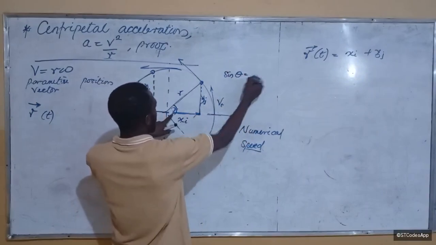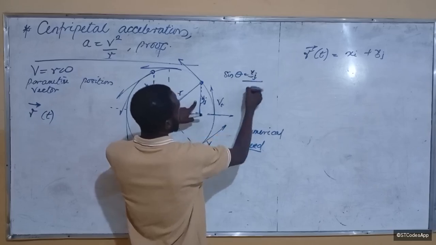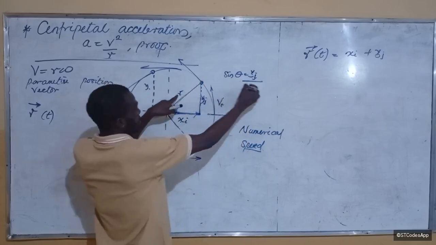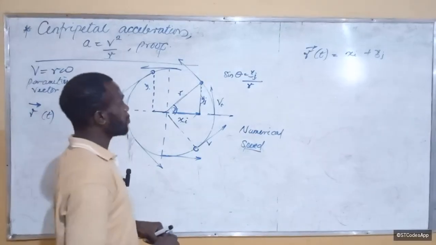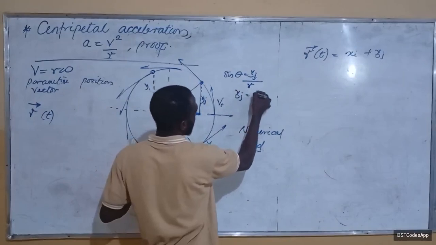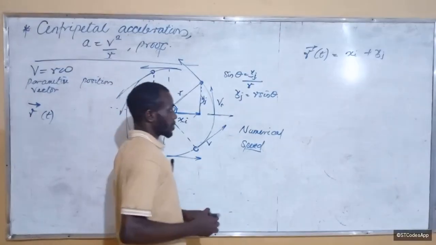Sine theta is the opposite, which is y j, over the hypotenuse, that is r. Is it clear? So if that be the case, then y j becomes r sine theta. Is it clear? All right.